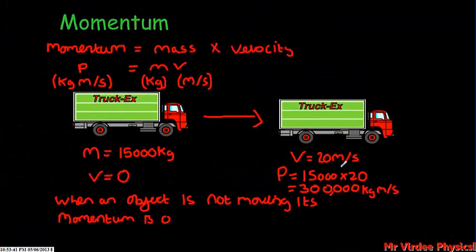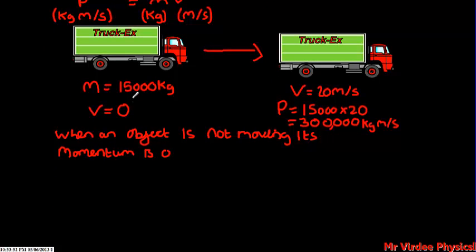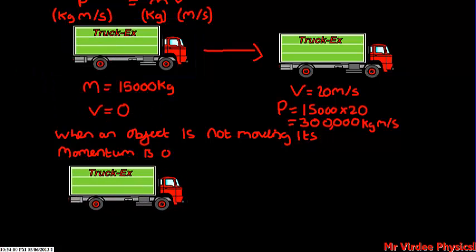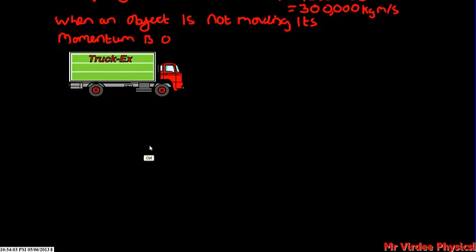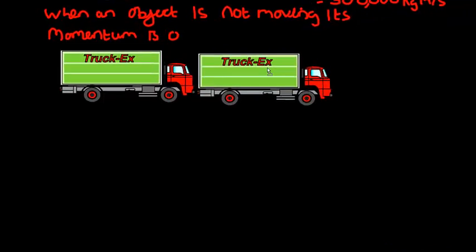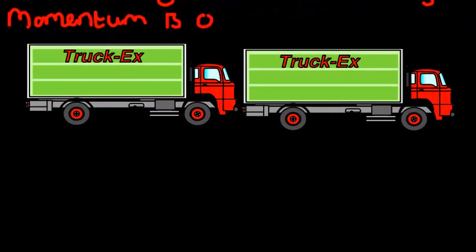So what happens if we have a collision between two trucks? Say one of them is moving and one of them is not moving. So they collide, and the one moving hits the one that's not moving.